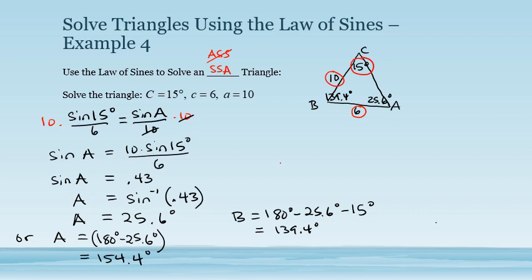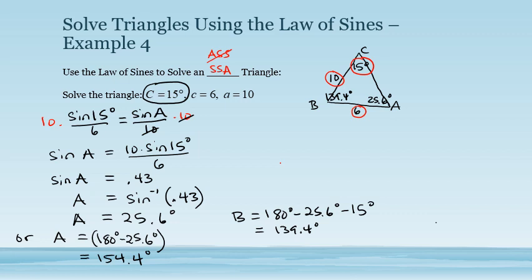Well, what was given to me is 154.4 and C of 15 degrees. If I take 154.4 and I add it to 15 degrees, I am under 180. And so that means I actually have two possible measures for angle A, which tells me that there are two possible triangles in this scenario.